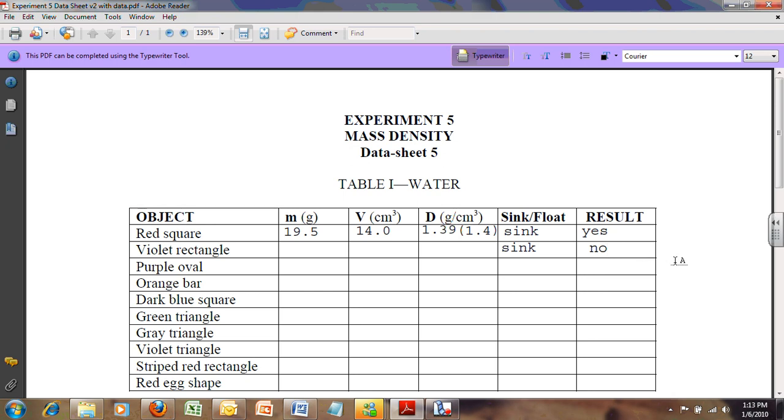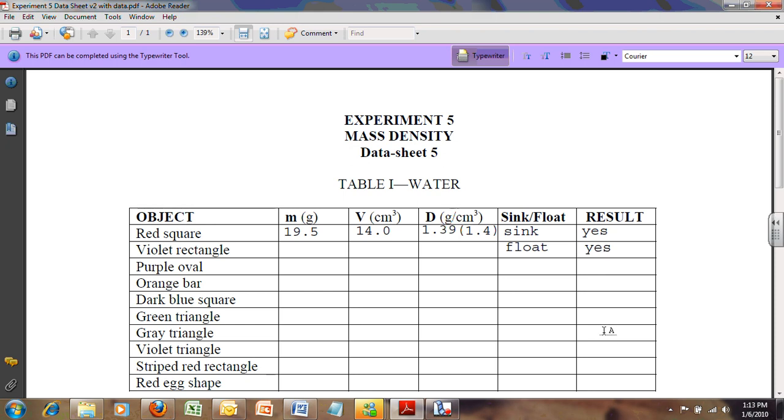What I recommend you do is come back in and correct your error and go ahead and write float in here. Because that's what it actually did, and then you can put the result that it's yes.